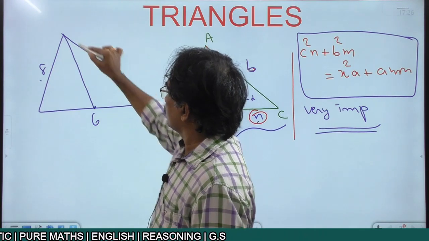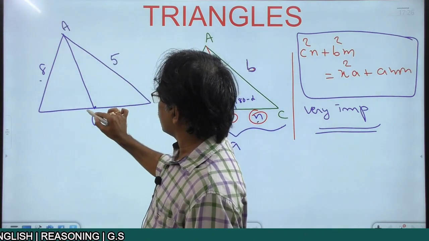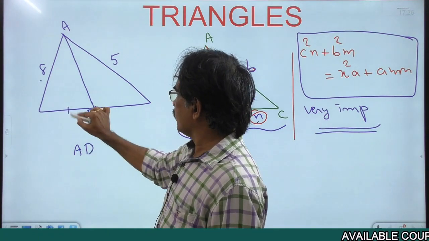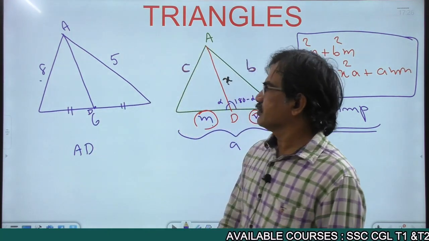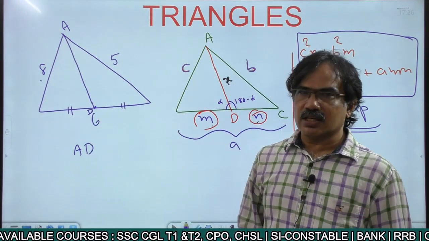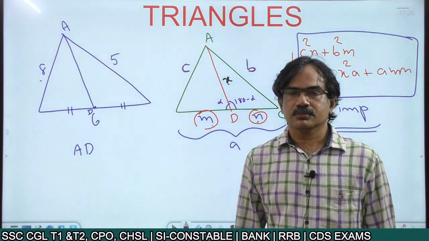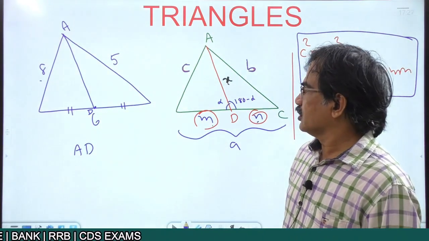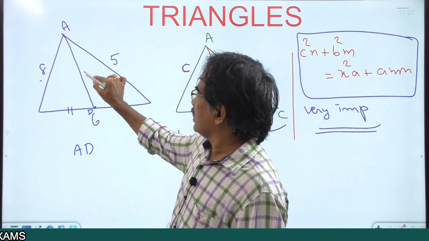Join these two, consider this as AD. What is the AD length if this length is equal to this length? So you have to find the length of the median if 3 sides are given. Consider AD as x.